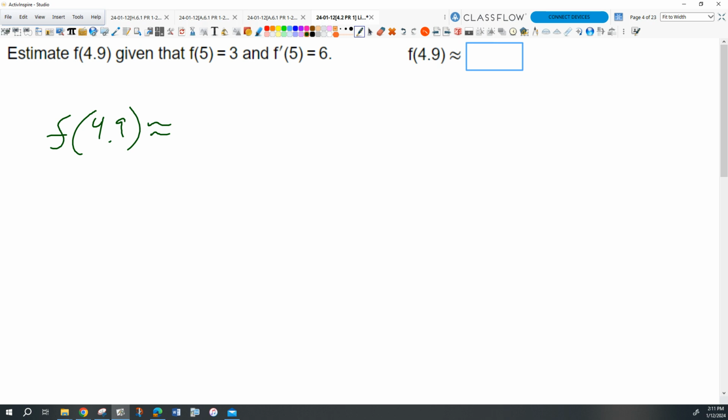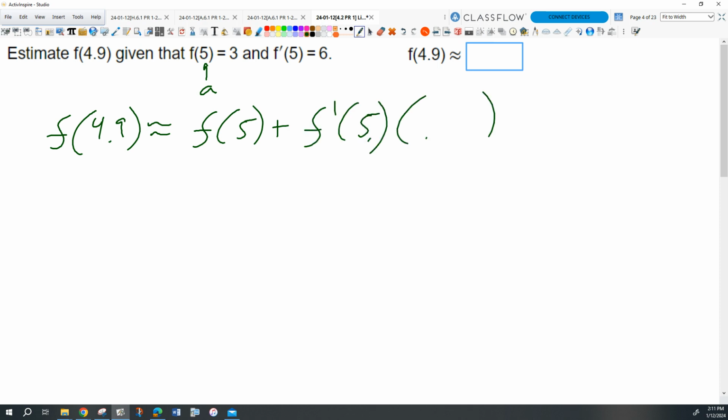What is a nearby convenient value? 5. Okay, so that's our value of a. So we would have to do f of 5 plus f prime of our convenient value times how far we are, what we're going to call dx. How far is our convenient value away from our actual value?